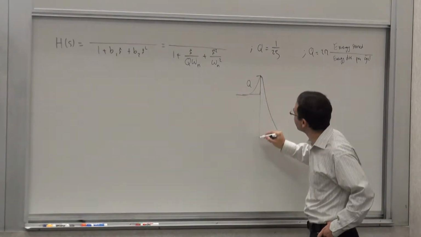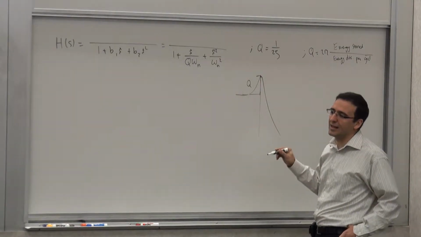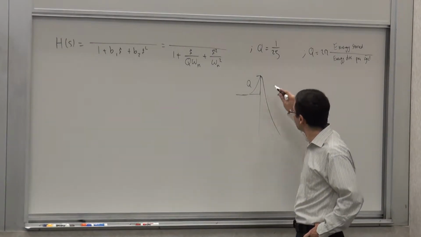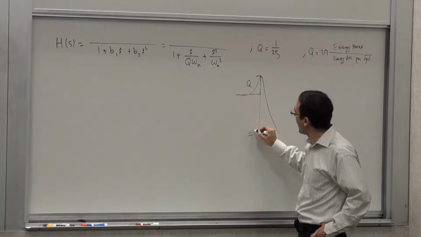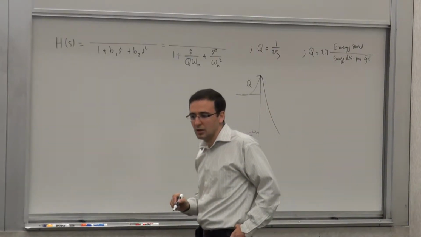And this frequency is actually a little bit off from omega n. It's actually omega n times the square root of 1 minus 1 over 2Q squared, but it doesn't matter. So this is approximate, but for a high Q system, this is close to omega n.